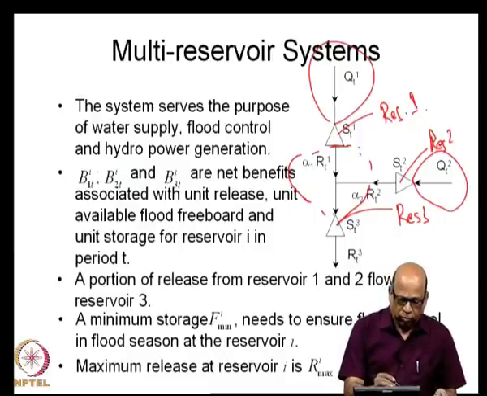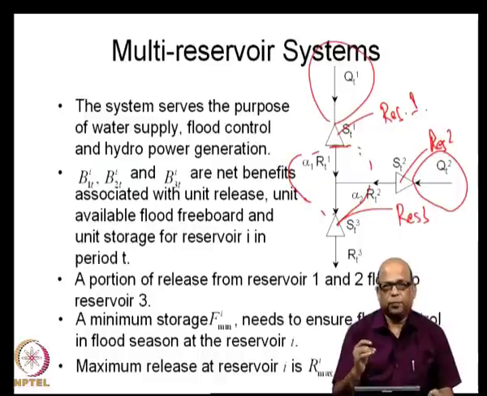Now, we introduce these terminologies B1T, B2T, B3T with I. I refers to the reservoir, T refers to the time period, and B1 refers to the unit net benefit corresponding to unit release. B2 refers to the net benefit corresponding to unit available flood freeboard, and B3 refers to the unit storage, that is the benefits associated with unit storage.